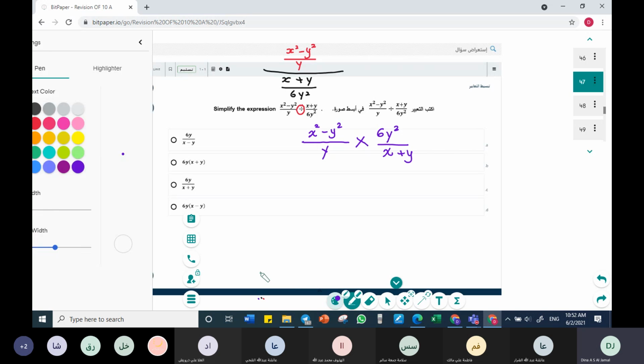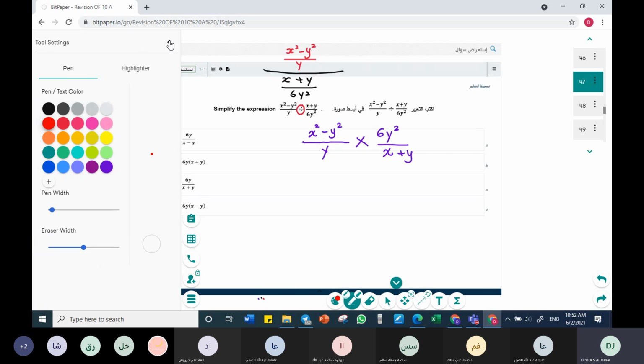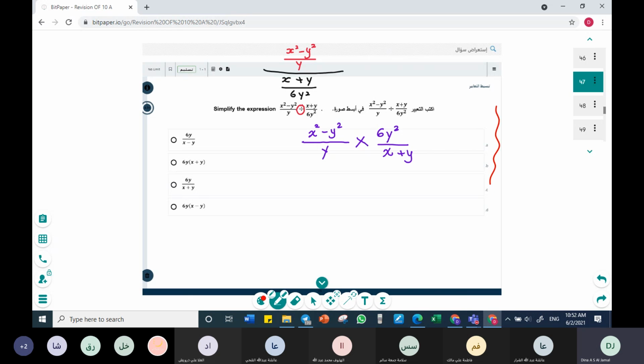Now, on a side, let's revise important things. Whenever you have a form of a squared minus b squared, which I call the difference of squares, I can simplify it to be a plus b and a minus b.